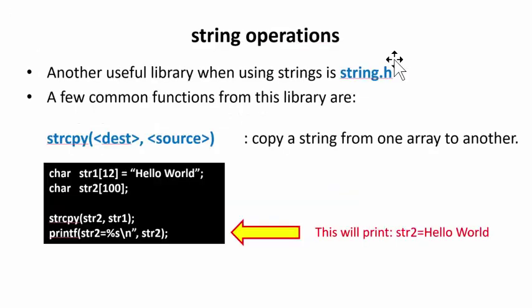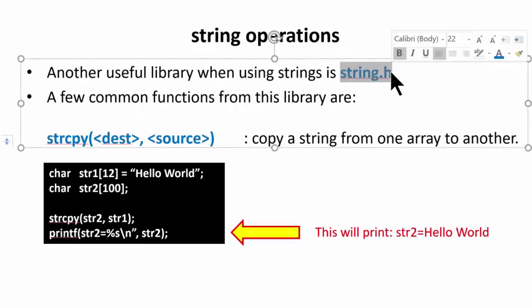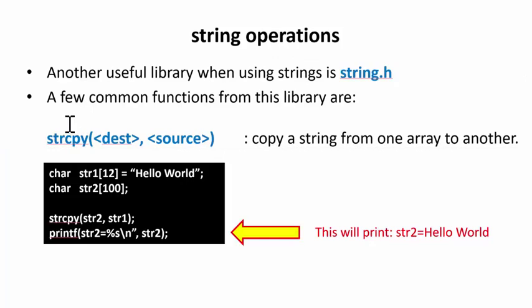There are actually some operations which are kind of handy that exist in this library called string.h. The first one is called string copy. So it's strcpy, and it allows you to basically copy a string from one variable to another.